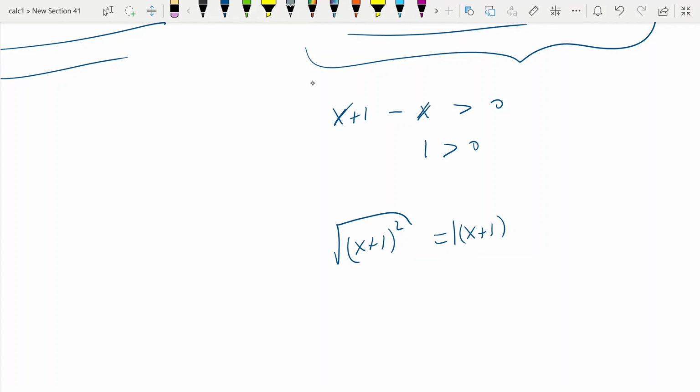Here you're multiplying the square root of x plus 1 times the square root of x plus 1, which are both positive numbers, and what's inside is also a positive number. So you don't actually need to write this down, but instead just know that the square root of something, squared, is always equal to what's inside, because what's inside has to be positive. So no need to bring the 2 inside.